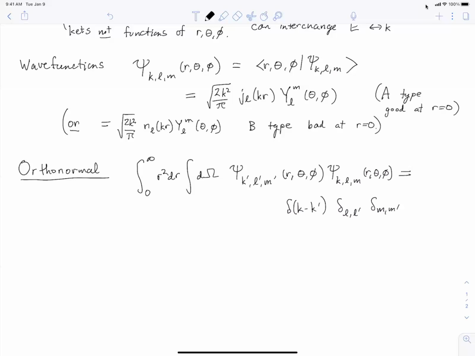So an interesting thing that's happened here is that we've got two different kinds of orthonormality within the same expression, because the k value is continuous. And so here we have a continuous thing, and so we use the Dirac delta function. And so we're using Dirac orthonormality.